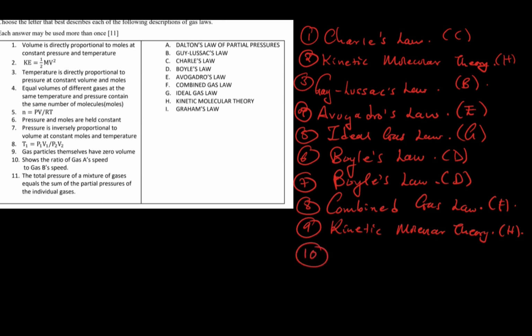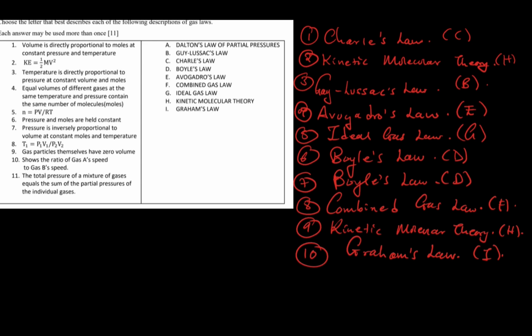10 says that we're looking at a law or theory rather that shows the ratio of gas A's speed to gas B's speed. So that law is called the Graham's law. In most cases, there are questions that will arise when they'll ask you to derive this particular law.